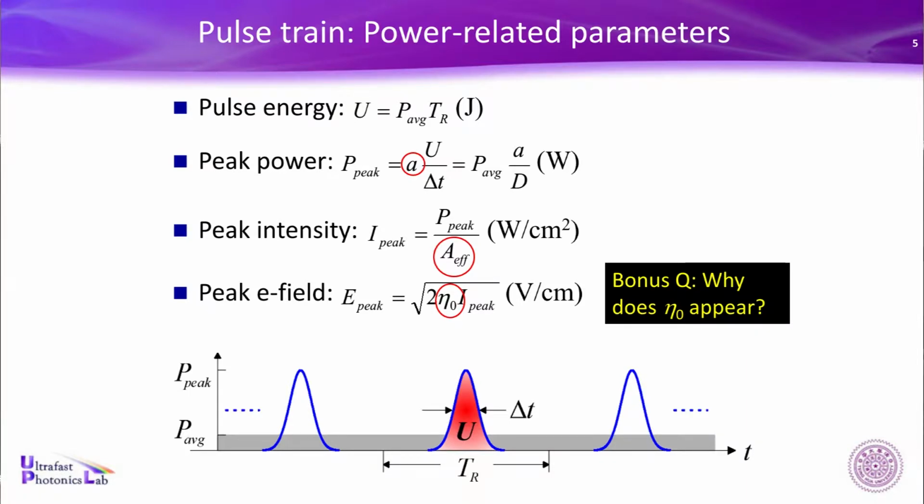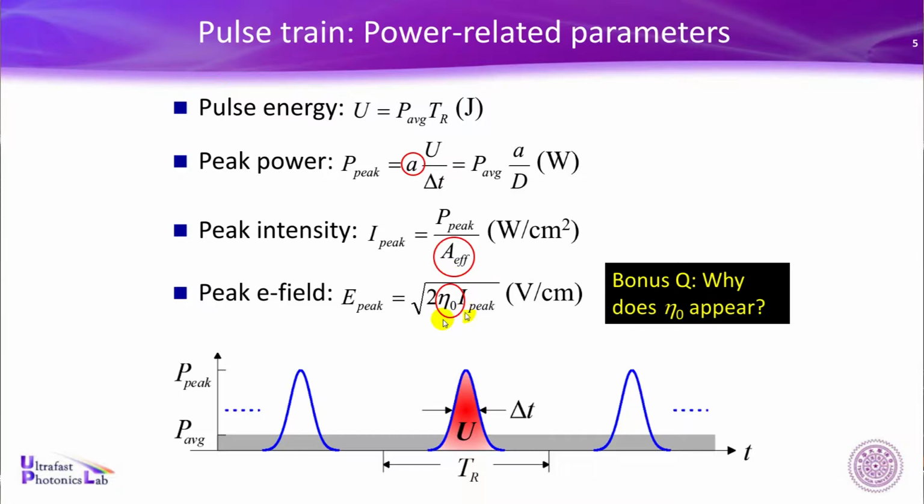Excellent. Poynting theory, right? As you will see shortly after, the Poynting theory says the power density is the cross product between electric field E and the magnetic field H, right? But we know magnetic field is related to electric field by wave impedance.